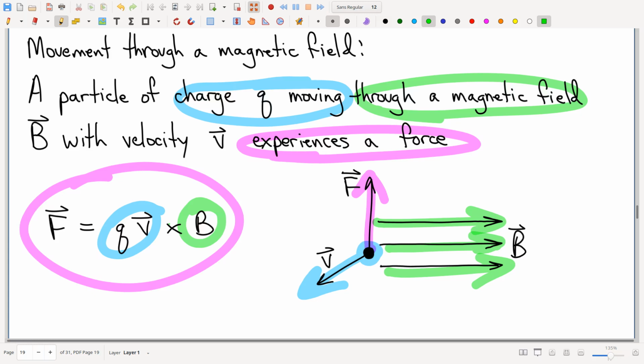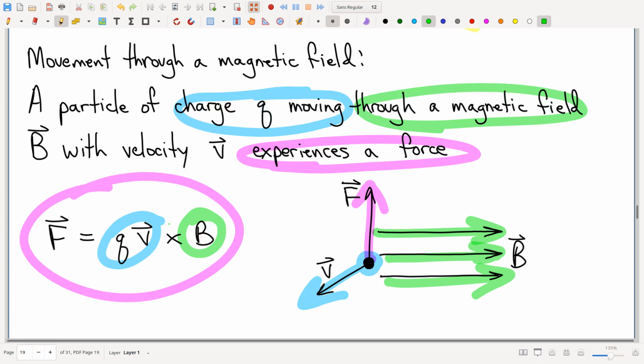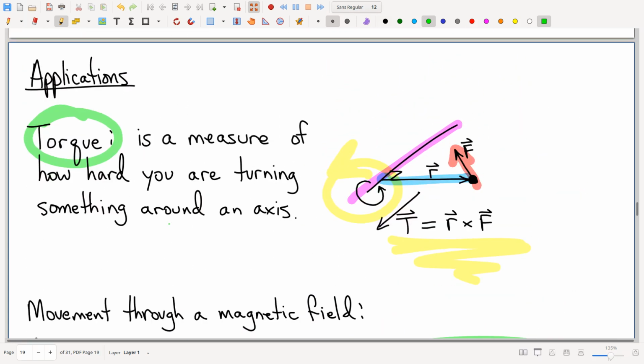I'm just trying to understand what this torque vector is referring to exactly. In the drawing that's on the screen, the torque vector has to be perpendicular to R and F. So it's almost like it's coming out. That's right. Pretty much.